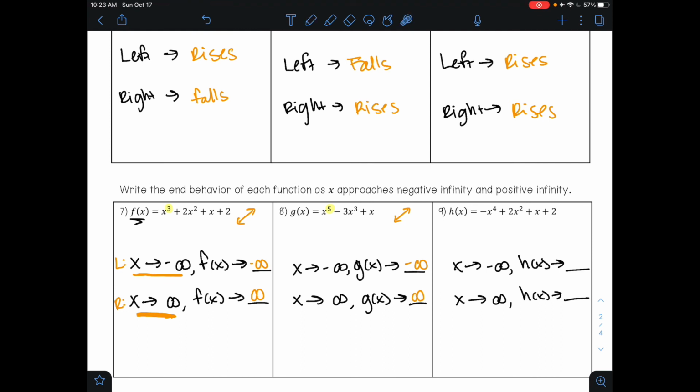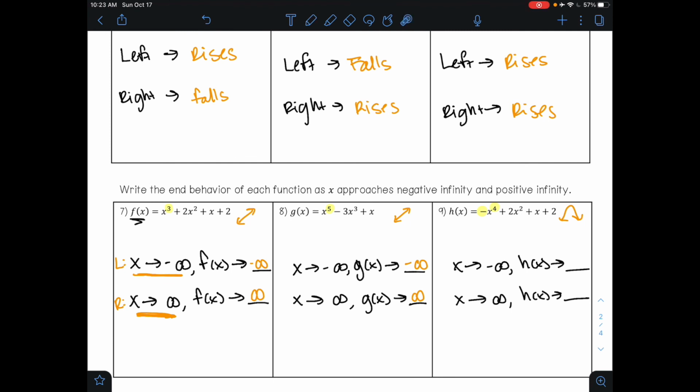And lastly, on example 9, I have a leading coefficient of negative 1, and my degree is 4, so it's even, so it's going to be like a parabola, and then it's negative, so it's going to be upside down, so a downward facing parabola.